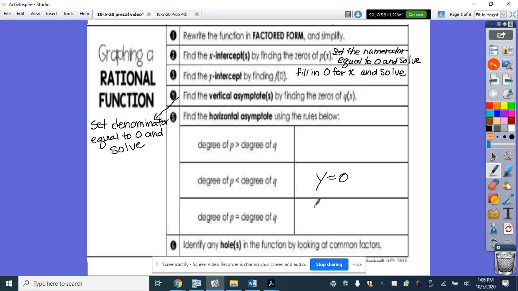If it is equal, then you have y equals the leading coefficient of the numerator over the leading coefficient of the denominator.